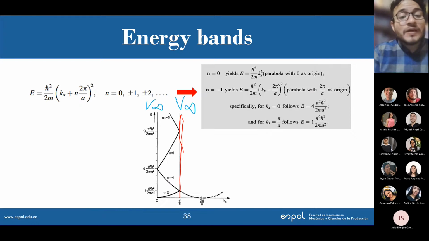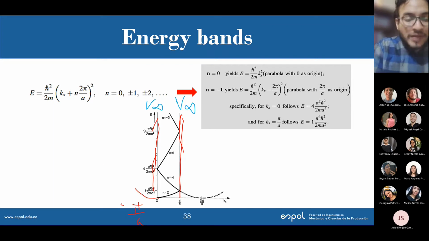It's the graph here. It's not implying that you have a potential barrier here. The lines there are just limiting the fact that I'm plotting from 0 to pi over a because that's my zone of interest, because this is going to be periodic. So here, let's say n equal to 0. If I plot it, let's say to minus pi over a, it's going to come in like that. But that's periodic, right?